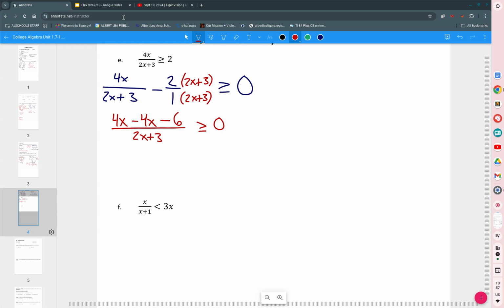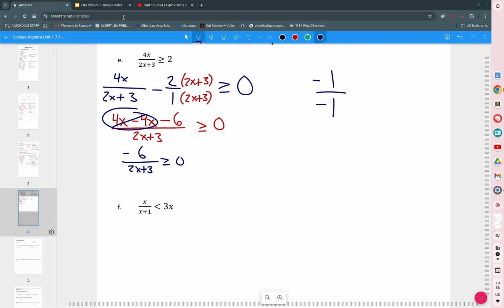What happens here? The 4x is reduced to 0, and you're left with -6 over 2x plus 3 is greater than or equal to 0. I told you I don't like to use negatives, so I'm going to multiply through by -1. Here's a mistake that people make when they do that. They multiply the top and the bottom by -1.